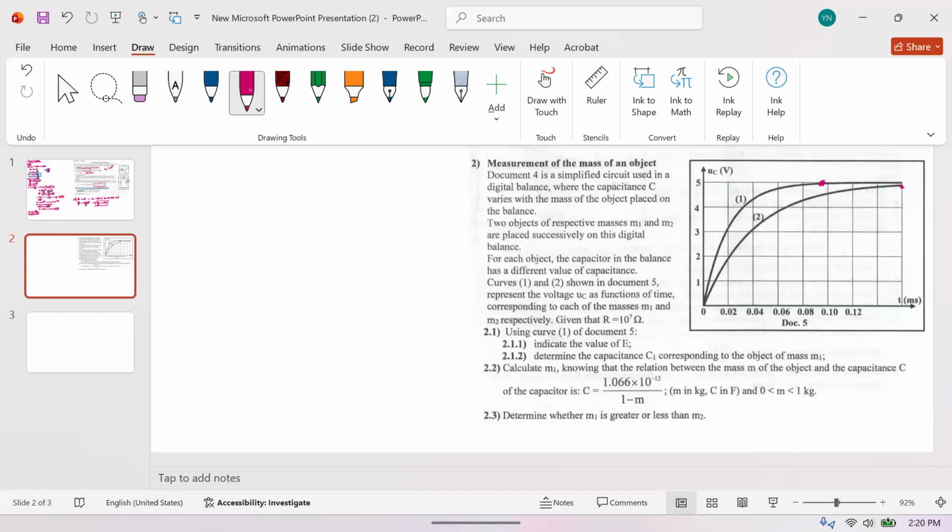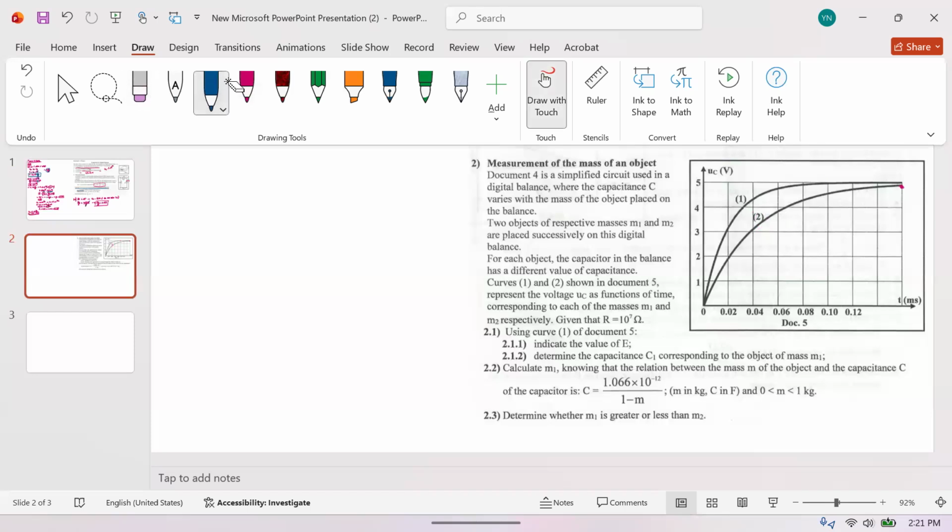So I know that the second capacitor, the second graph, is taking a lot of time to reach the permanent phase. So the second graph is the graph that has the higher tau, the higher time. It takes a lot of time to be completely charged. Okay, now this is the first thing you have to think about when you see two graphs.